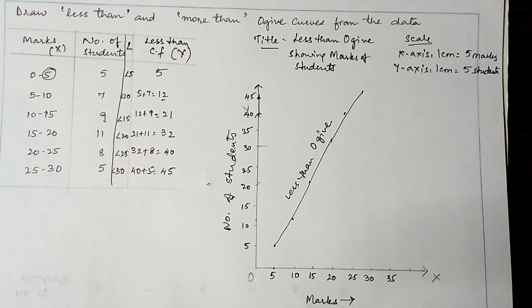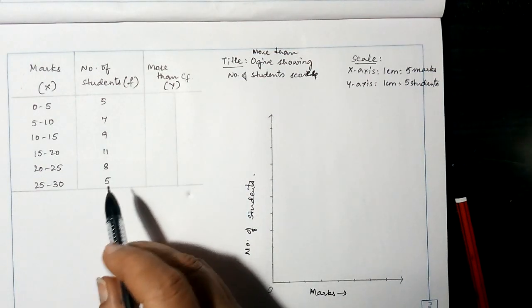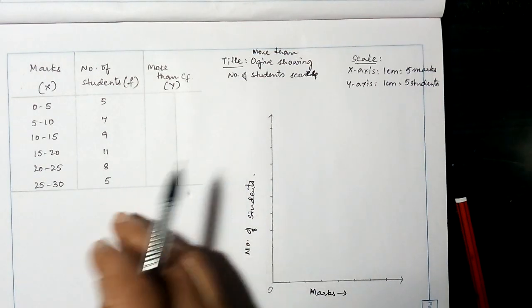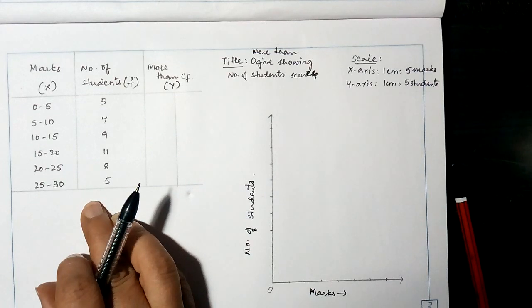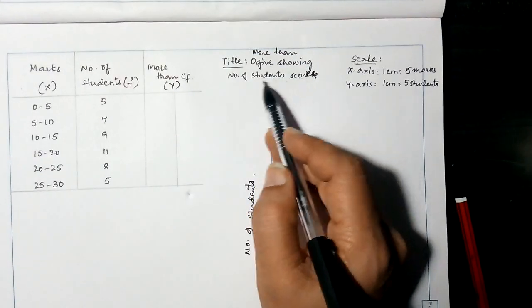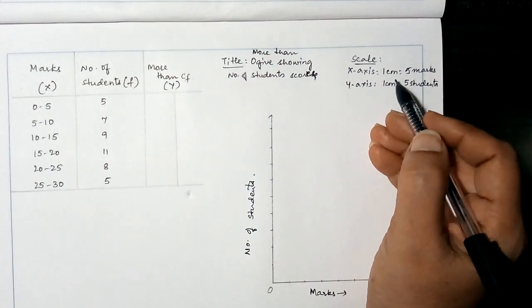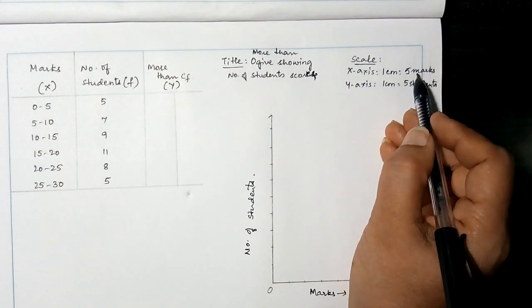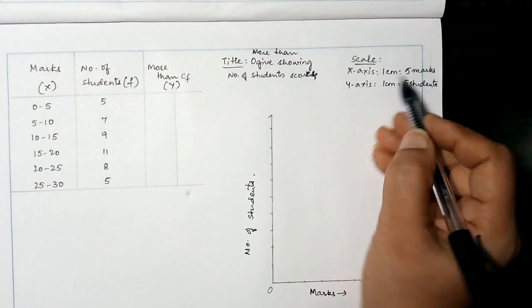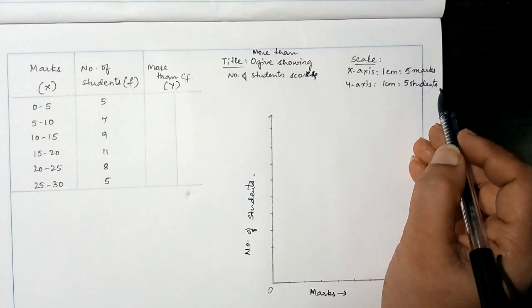Now we will try to plot a more than ogive curve. For more than ogive also, we are using the same data, and so the title over here would be more than ogive showing marks of the students. And the scale, we are going to take the same scale. On the x-axis 1 centimeter is equal to 5 marks, and on the y-axis 1 centimeter is equal to 5 students.